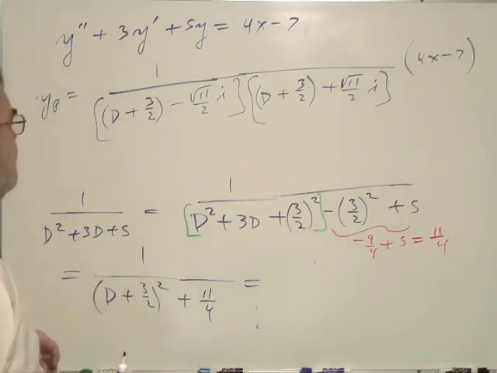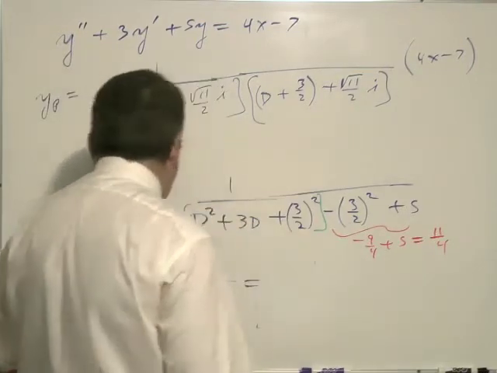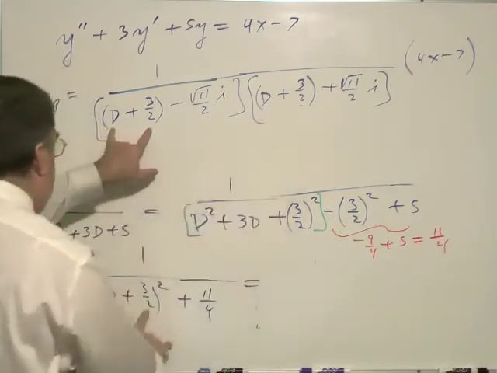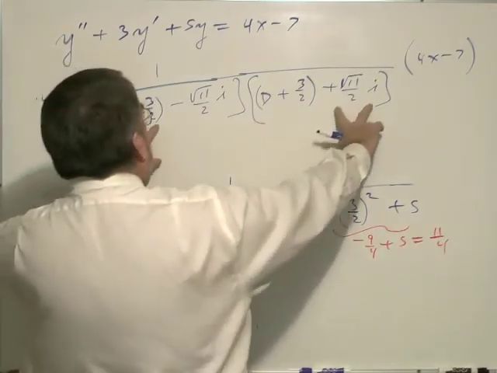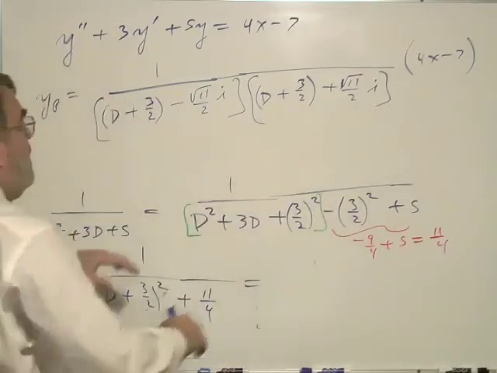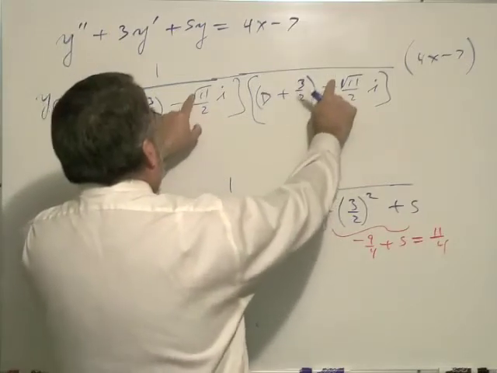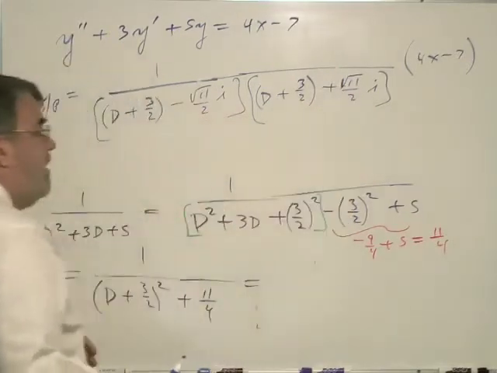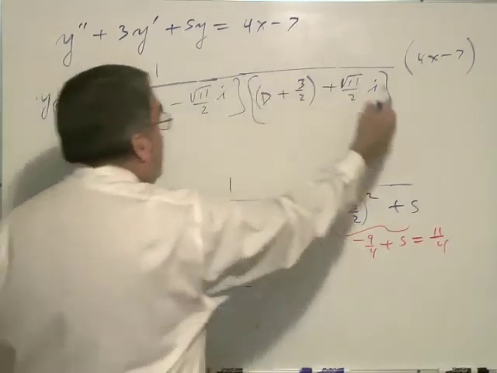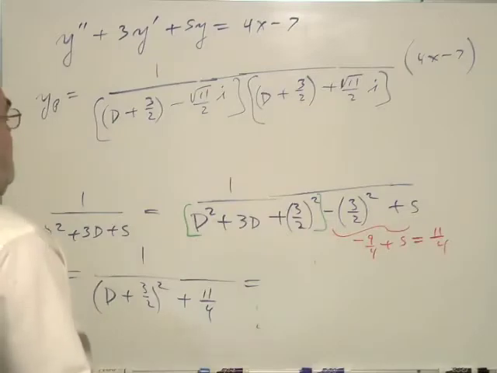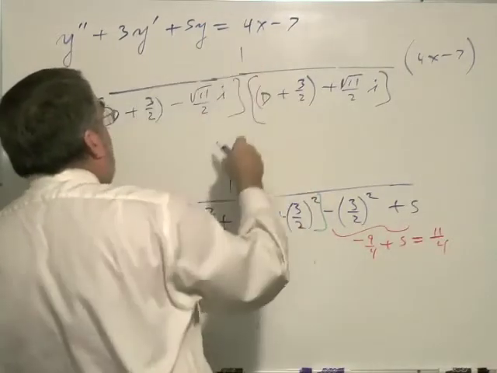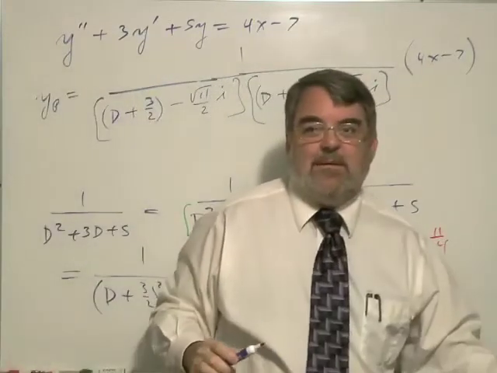So now you can go back and multiply this mess out, and you'll get this, because we'll have D plus 3 halves squared here. We'll have a positive term and a negative term, which will cancel each other entirely. And then when I multiply this out, I've got minus 11/4 times i squared. That's going to end up being plus 11/4. So we factor this into this big mess. Let me put my 1 over the center here. And now we get to operate on 4x minus 7.